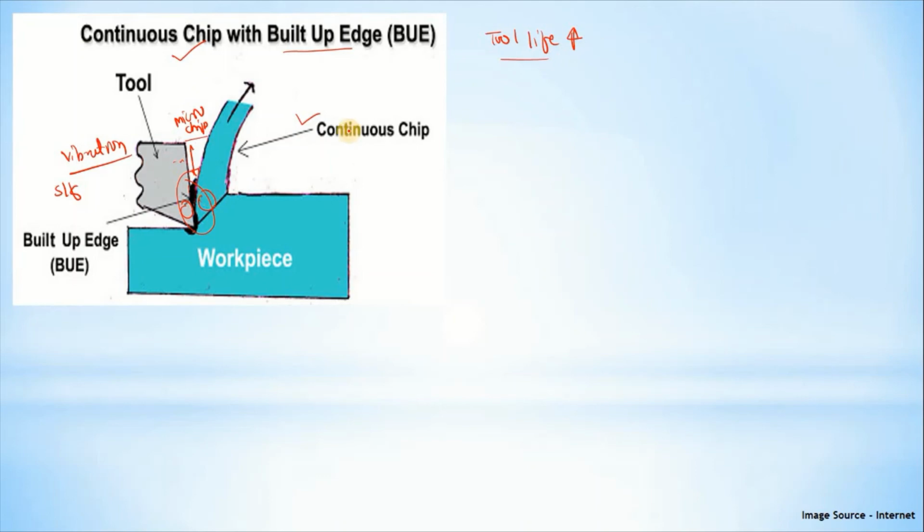So there are some factors by which the built up edge forms with the continuous chip. As we have seen earlier, continuous chips can form without built up edge, but built up edge will form with the continuous chip under some factors. First, whenever we are machining soft and ductile materials.